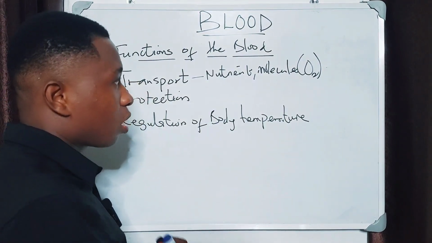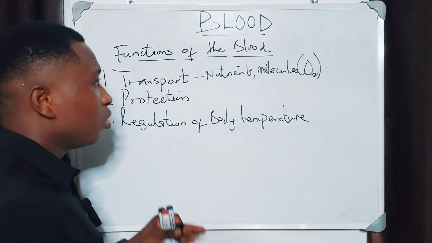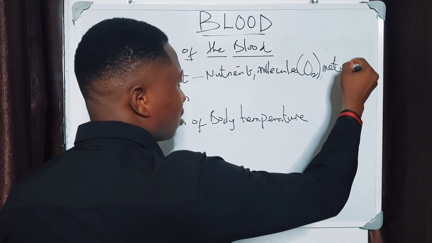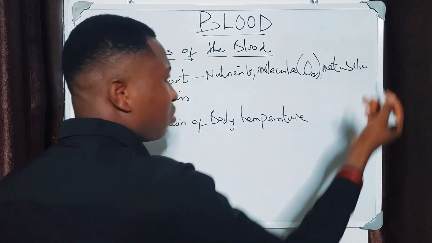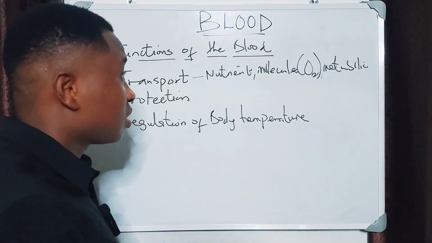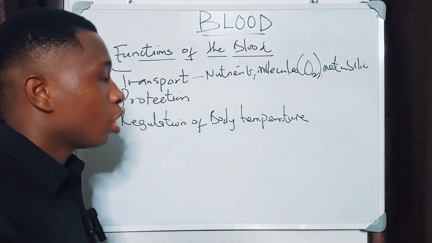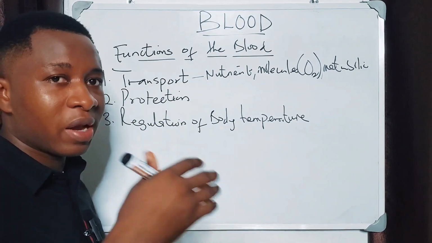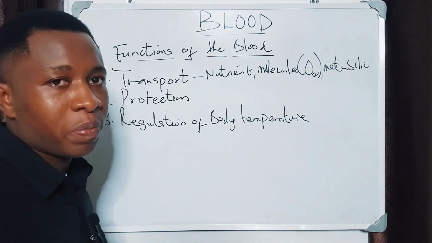So we'll talk about that in another video. The blood also transports metabolic materials, metabolic waste. So the blood helps to transport all these nutrients and molecules and waste products from one part of the body to another.